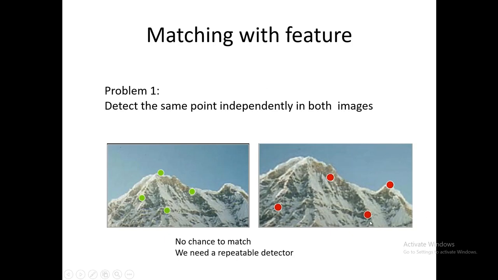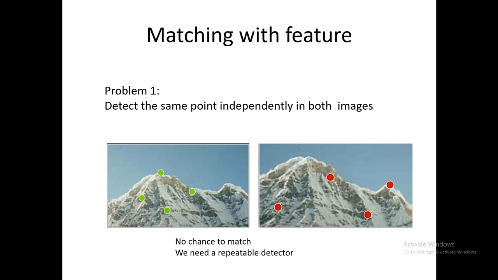That's the first problem: reliably finding them. Repeatable means that a feature point in the first image should be repeated in the second image. This gives us the perfect matching between the two images.